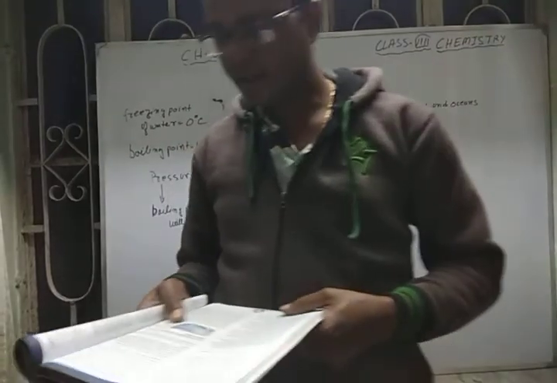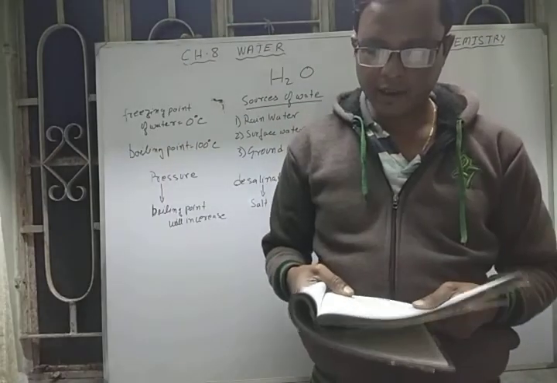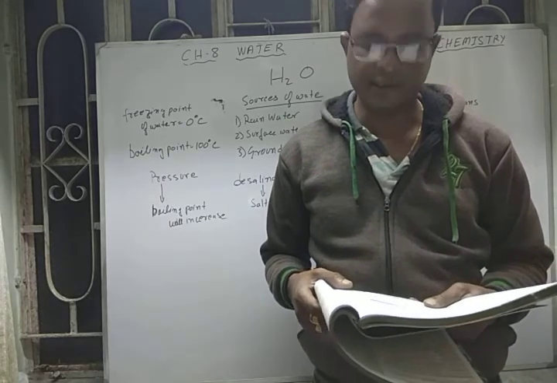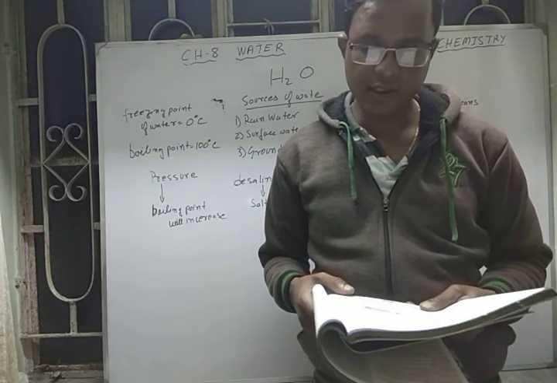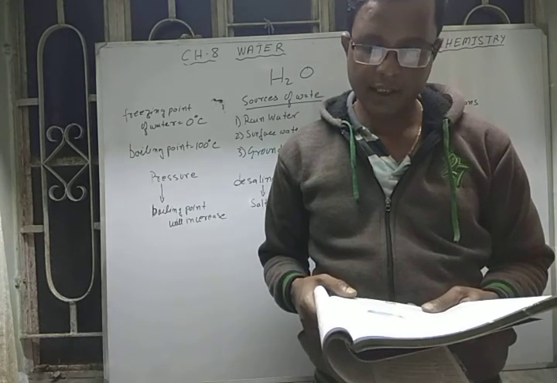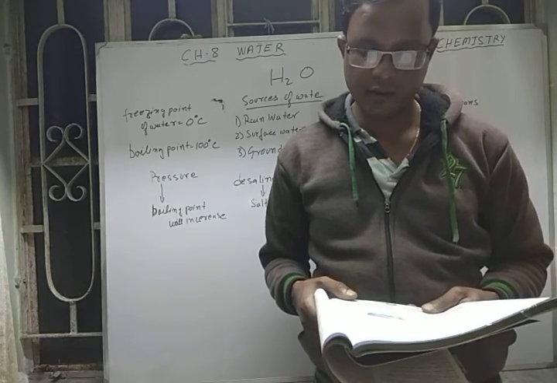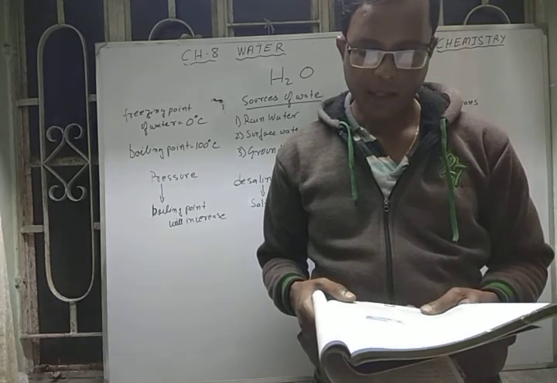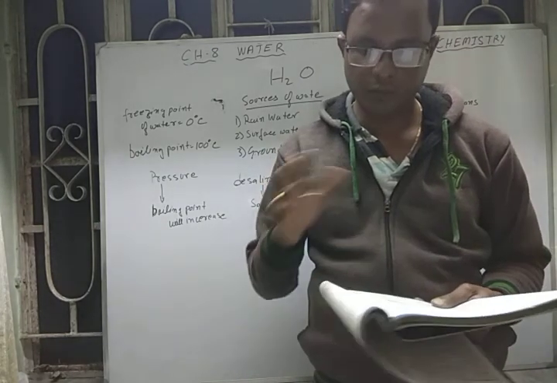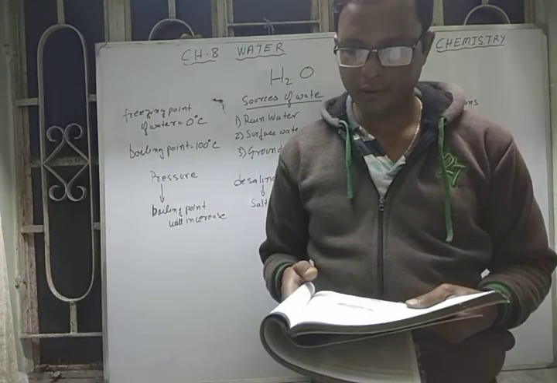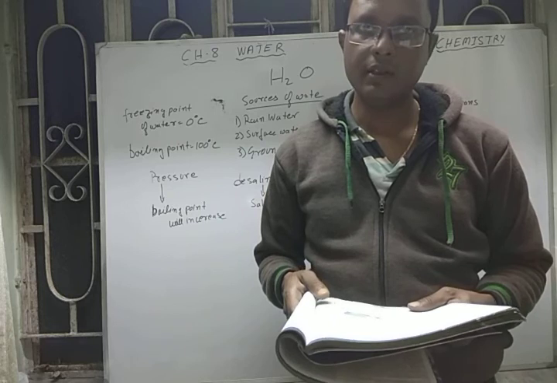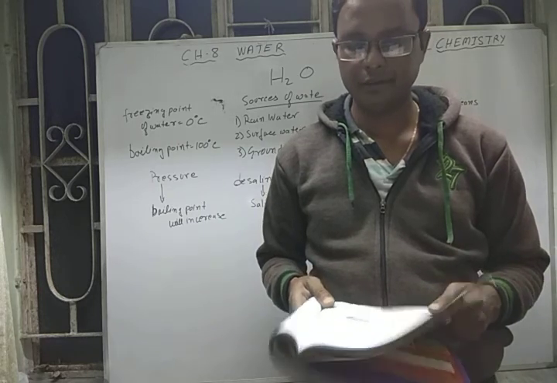At 4 degrees Celsius, the surface water expands and becomes lighter. Hence, it no longer sinks. So at 0 degrees Celsius, the surface water freezes to ice, and ice being a bad conductor of heat acts as an insulator between the cold water above it and the warm water below it, and it prevents the entire water body from freezing and protects the aquatic animals and plants in the water.